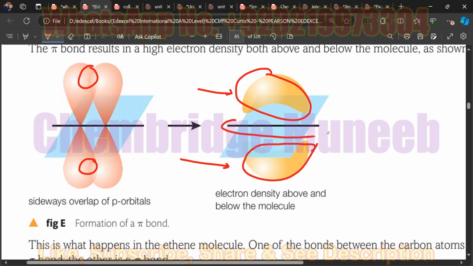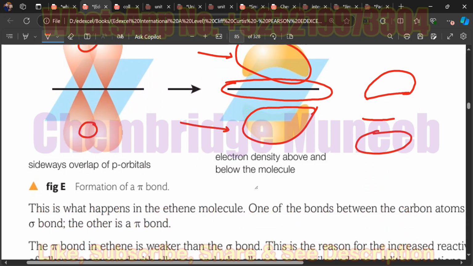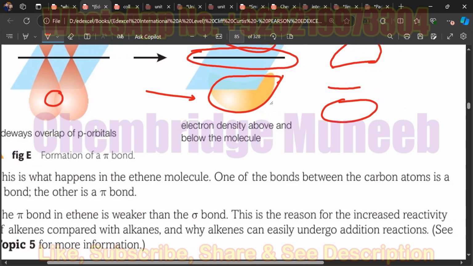this horizontal line, this cloud above and below the horizontal line shows that the electrons are away from the nucleus. They are not basically on the nucleus. Instead, the electrons are above and below the nucleus. That line is also called the nuclear axis.